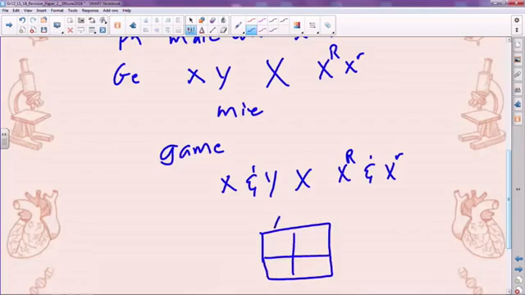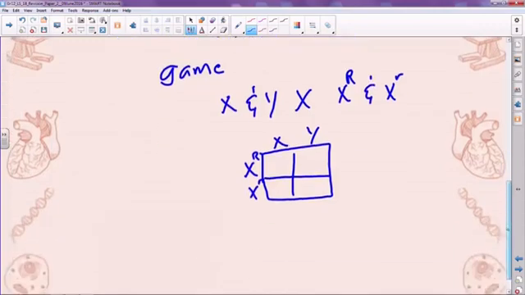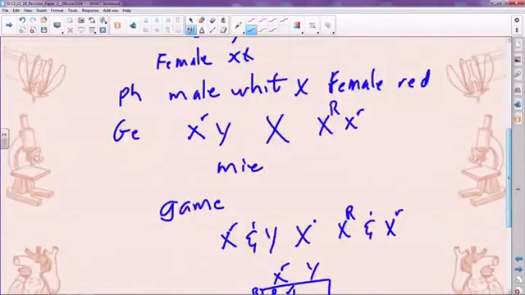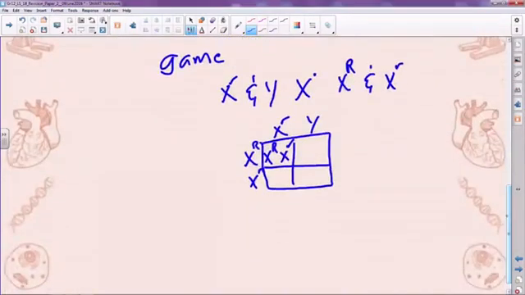Okay, you're going to have X and Y, X capital R, X small r, and in your genotype and phenotype, you're going to have X big R with an X over there. Remember small r. You're going to have an X with a Y, you're going to have an X small r, and you're going to have an X small r, Y.